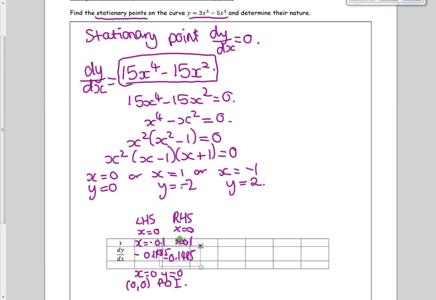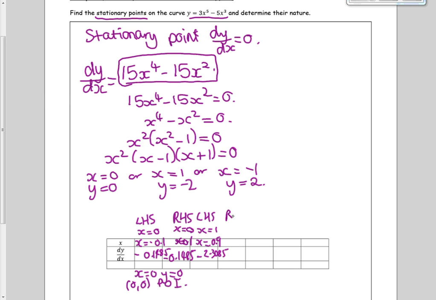So now we want to have a look at x equals 1. So we'll have a look at the left-hand side of x equals 1, and that would be x equals 0.9. So when x equals 0.9, we get a gradient, obviously putting it back into this 15x to the power of 4 minus 15x squared, we get a gradient of minus 2.3085.